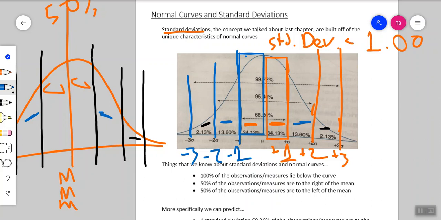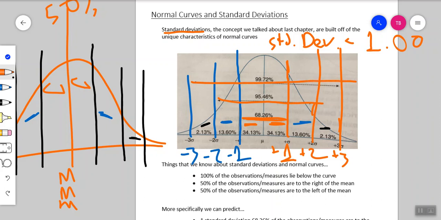So they're showing that it's 34.13% on both sides, and if you add them together, within 1 standard deviation, plus or minus, 68% of it is covered. Same thing with 2: within 2 is 95.46%, and within 3 is 99.72%.